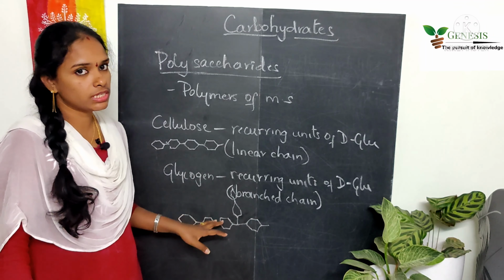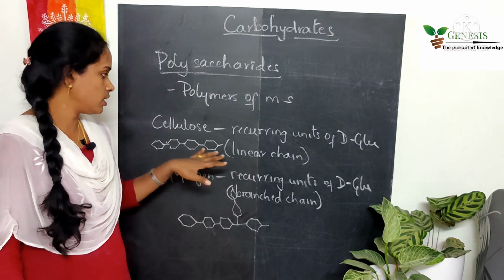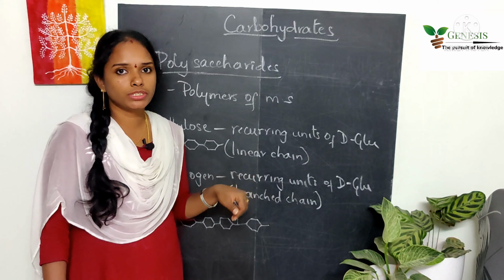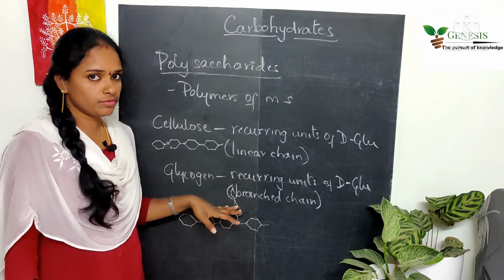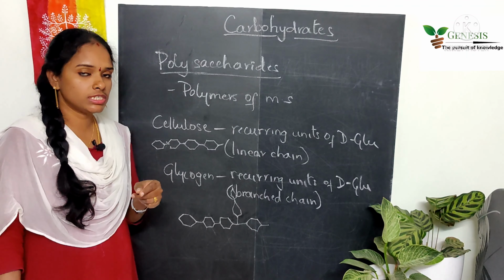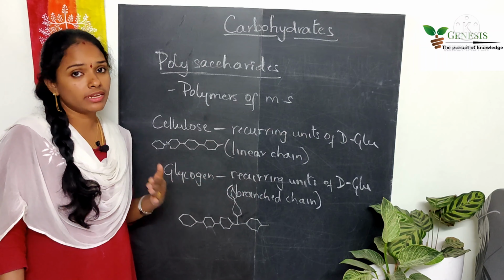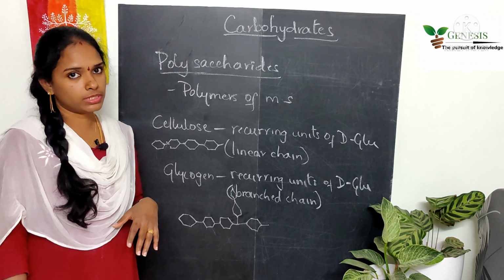In glycogen we see the arrangement in a branched fashion, and in cellulose it is linear. The main difference is the type of glycosidic linkages. Because of this difference, even though they have the same units, they have different properties and different biological roles.